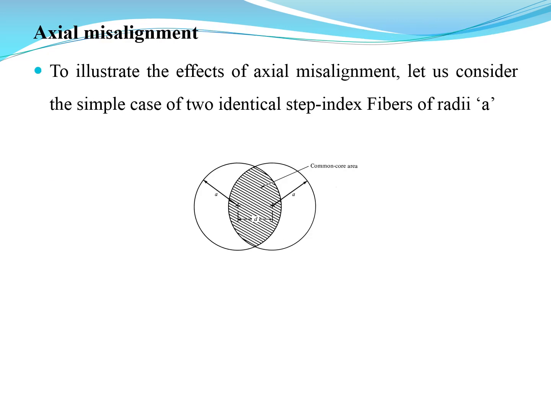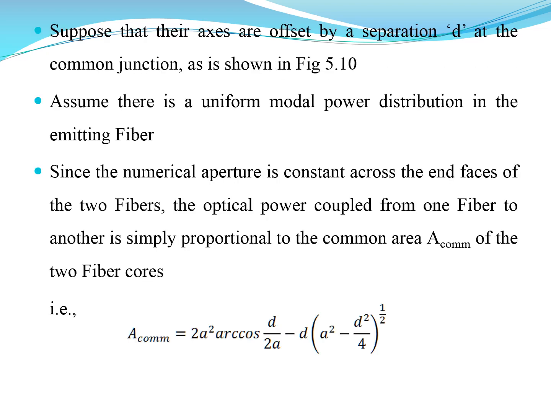Then we have a small derivation related to axial misalignment. In the axial misalignment, we consider two identical step index fibers of radii a. Each fiber has a radius of a, and there is a common core area between these two fibers where the power density is maximum, because the power from the emitting fiber and the receiving fiber are combined at this point where the density is very high.